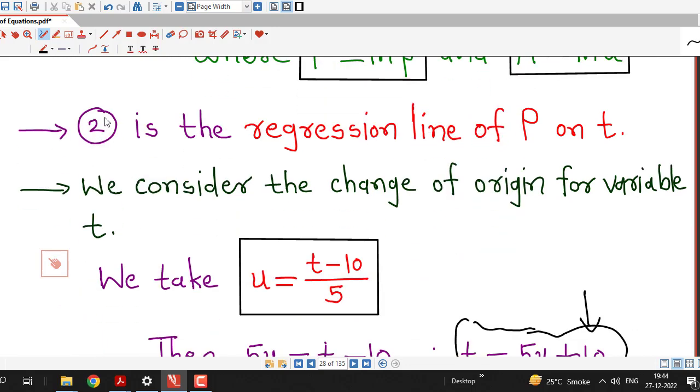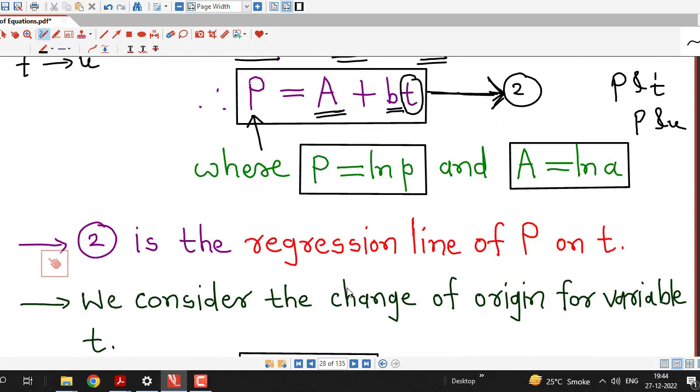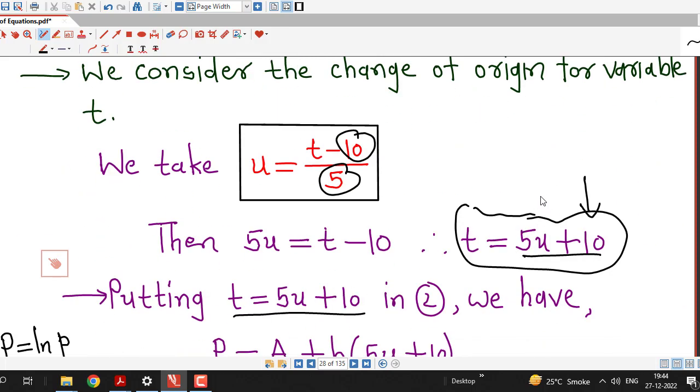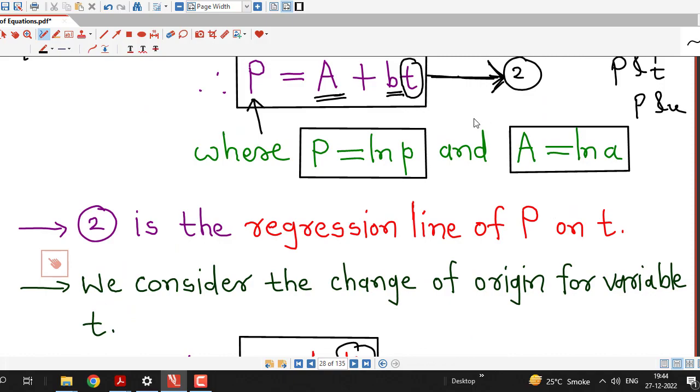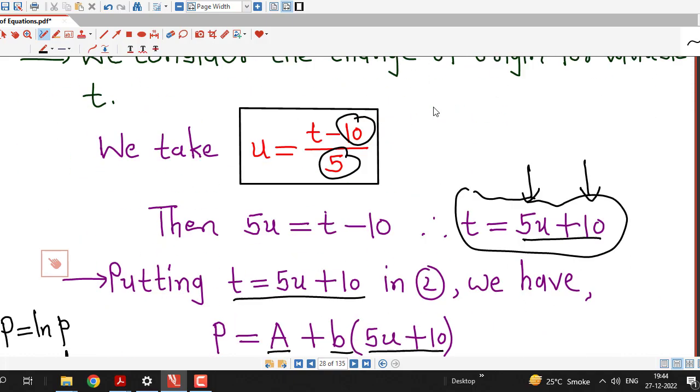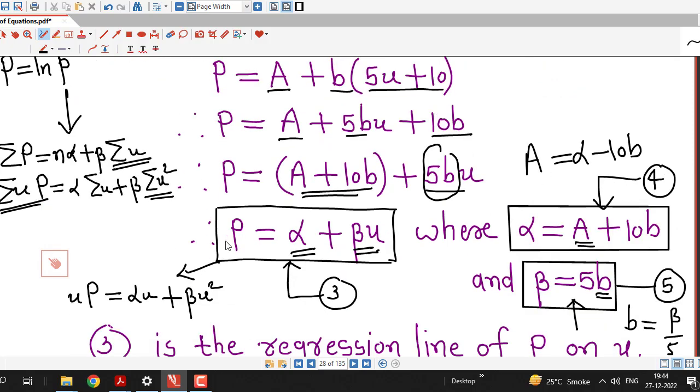That is, we are considering change of origin and scale, and we find value of t in terms of u, and we put that value of t in this equation, and we obtain this regression line of p on u.